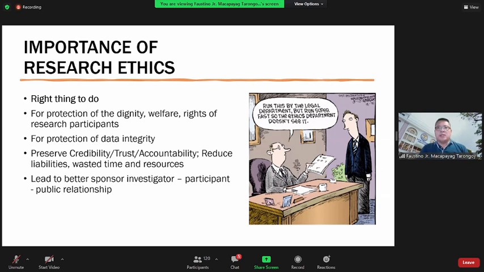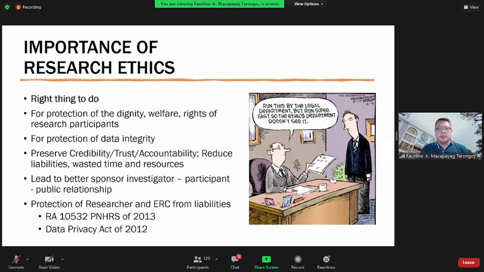Naturally, since this research will be shared with the public, the public also gets that trust and will trust that your research is reliable. So you have a better relationship. And last but not least, you are protected from liabilities, and the ethics review committee is also protected from liability.